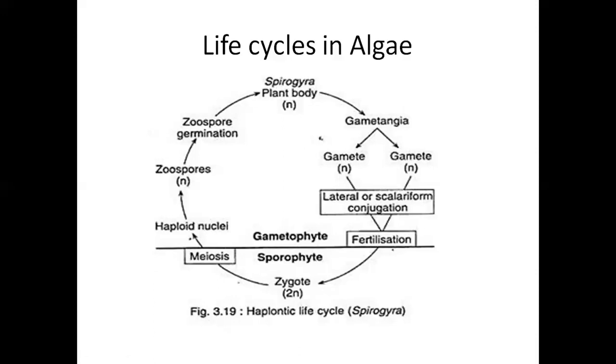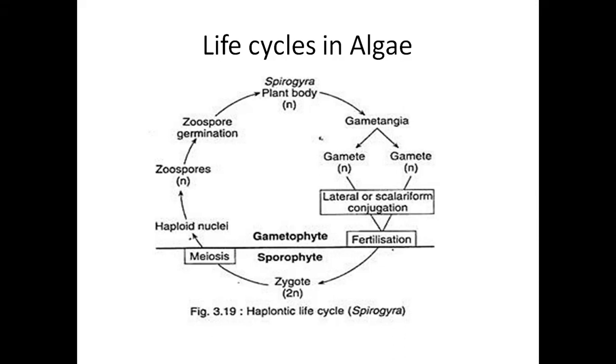Now the fusion will take place between different gametes, and then lateral or scalariform conjugation will be there, and fertilization will be there. As soon as fertilization occurs, fertilization means fusion between gametes. The two gametes fuse with each other. Now, when N plus N is there, see there are two gametes, N and N. When I combine N plus N, there will be 2N.